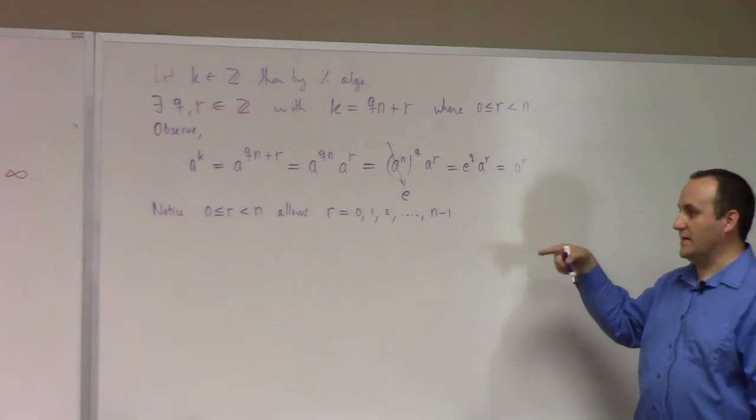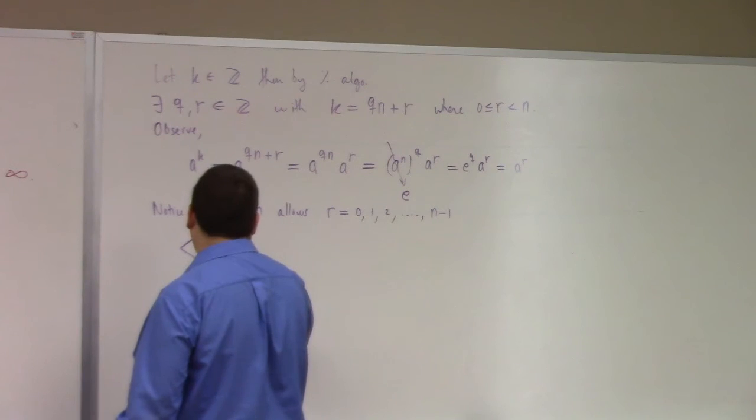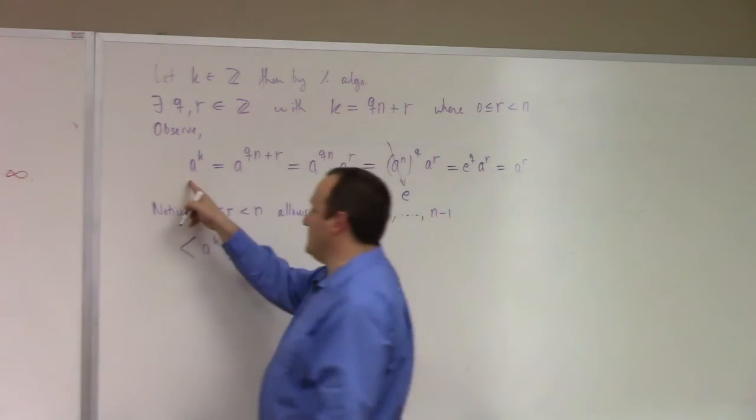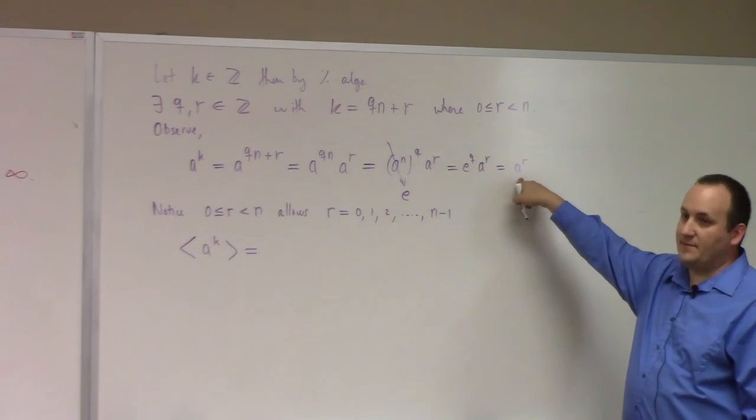It shows that if you look at all possible powers of a in this context, they always can be rewritten as a to the r, where r is the remainder of k upon division by n.